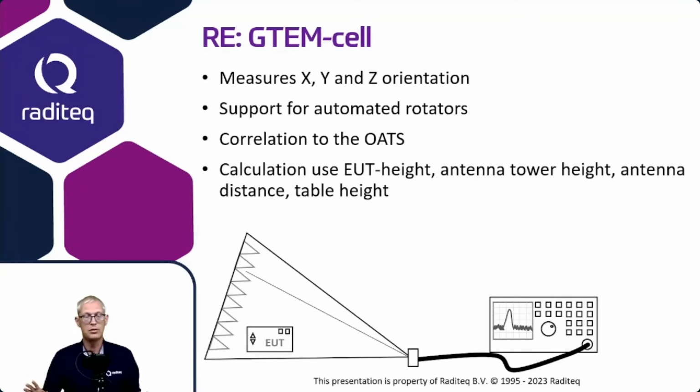It's all taken into account to calculate the correct result compared to what it would be on an OATS. That final result, as it would be measured on the OATS, is used to compare it to the limit line to determine if the emission is above or below the limit. All integrated and all performed automatically by RadiMation.